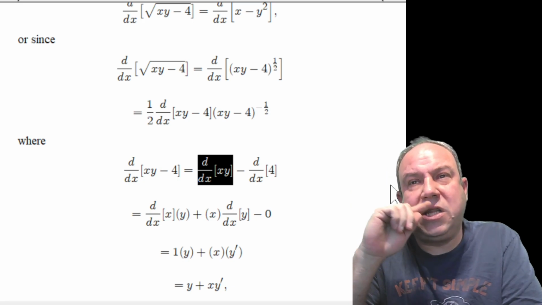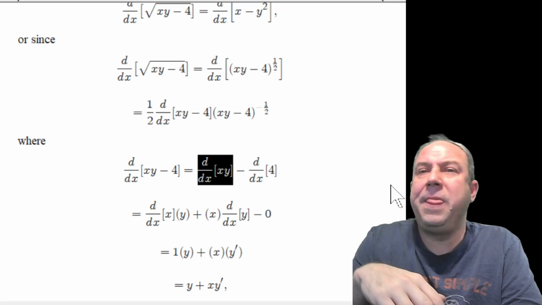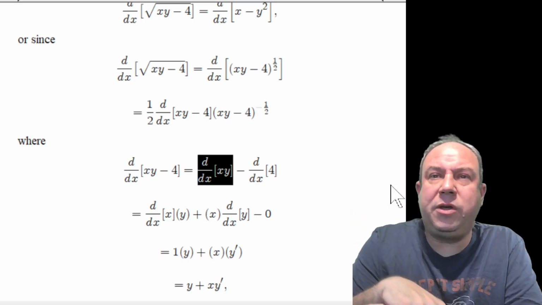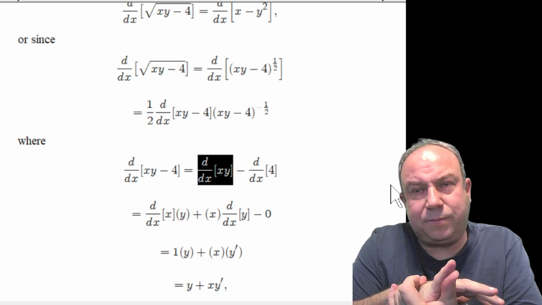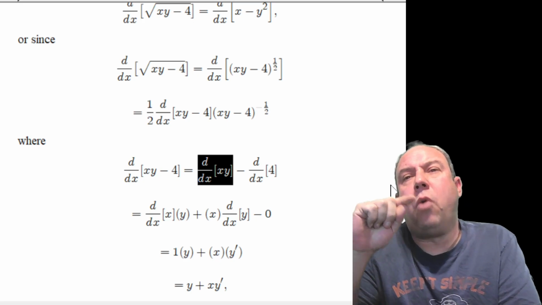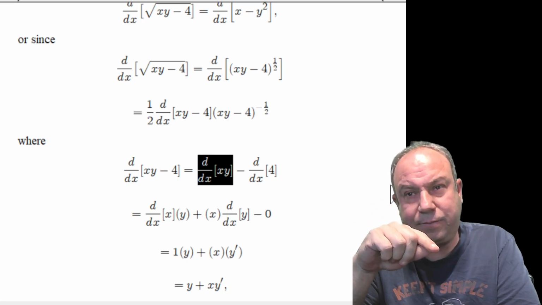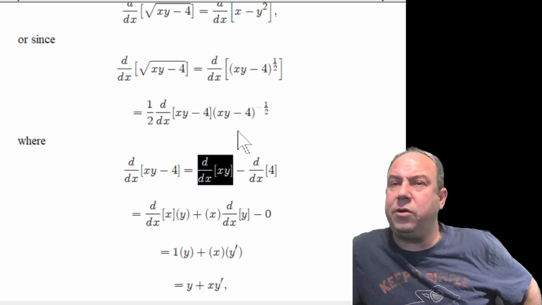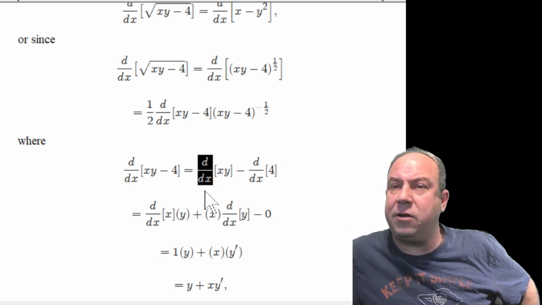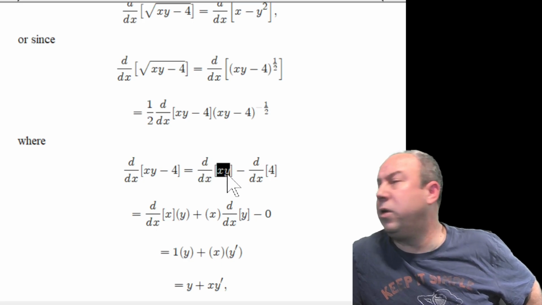Now, to approach that using implicit differentiation, you have to approach it with a little product rule. y is not a constant. y is also a function, so you're going to apply the derivative operator with respect to x in a product rule with x.